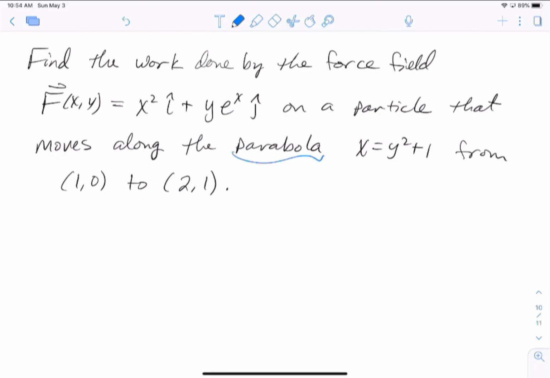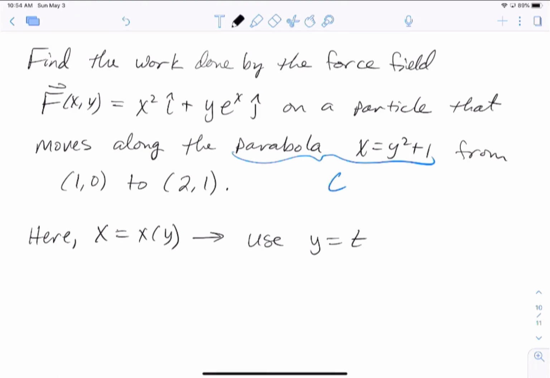Our curve is the parabola x equals y squared plus 1. And what we need is a parameterization of this curve. If it was a circle, we would use our polar conversions. They give us a nice circle. But here, since x is really a function of y, that tells me that I can use y equals t as the parameter.